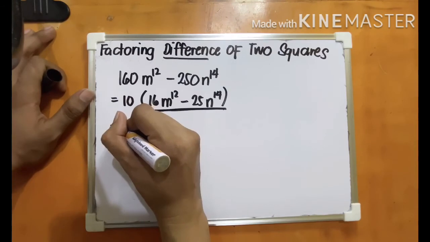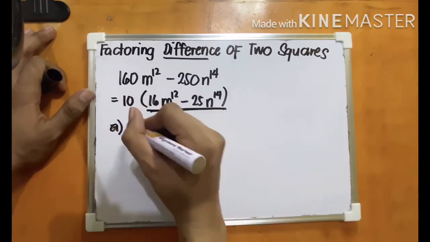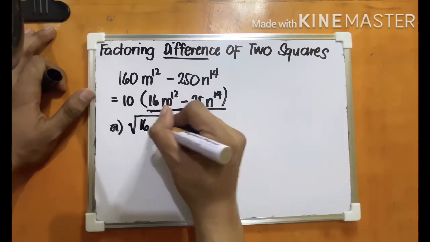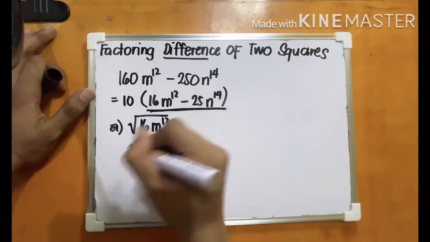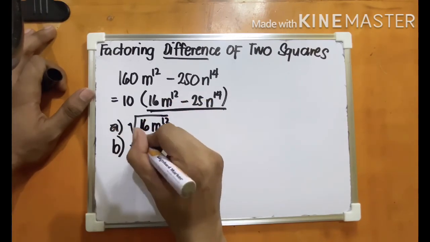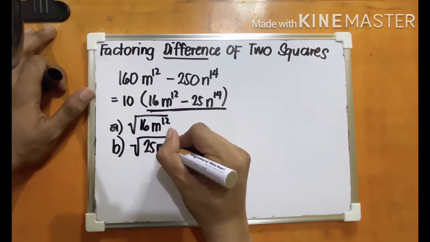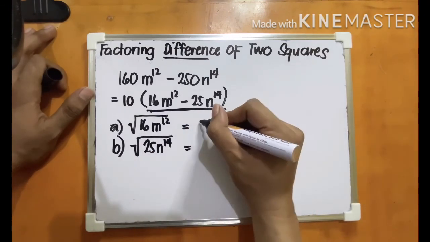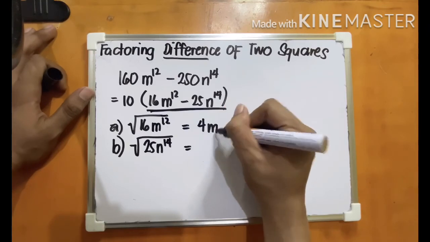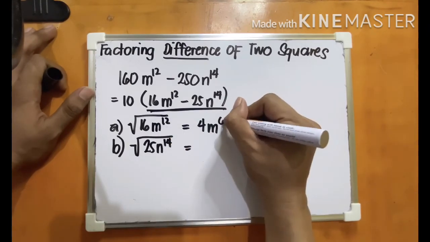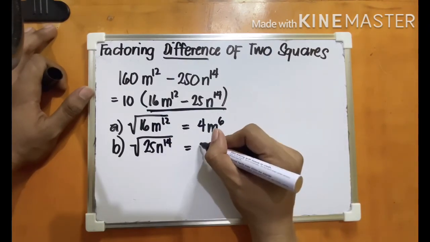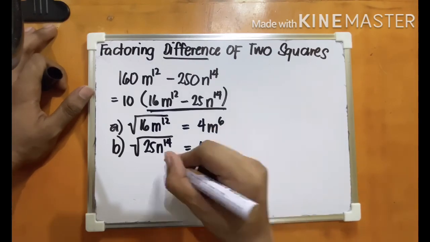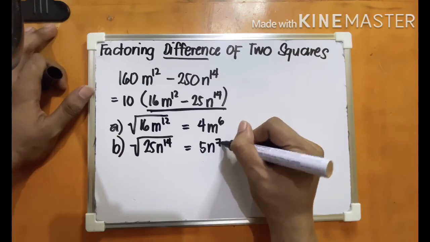So we have step A, square root of 16m¹², and we have step B, 25n¹⁴. So square root of 16 is 4, m, 12 divided by 2 is 6. Square root of 25 is 5, then 14 divided by 2 is 7.